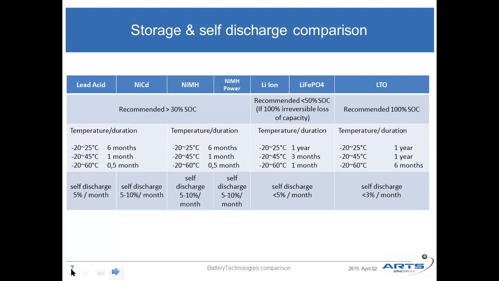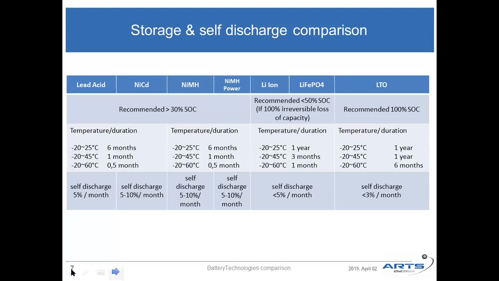Then the duration for the storage is different because it's really linked to the self-discharge. For lead acid and nickel, you can see that the recommended storage duration is around 6 months, and then you will have to check and recharge the products very often to store them again.